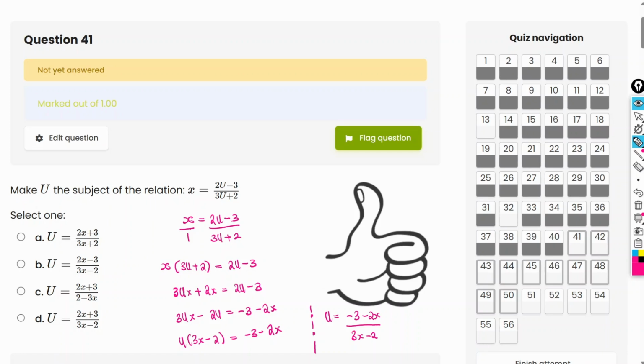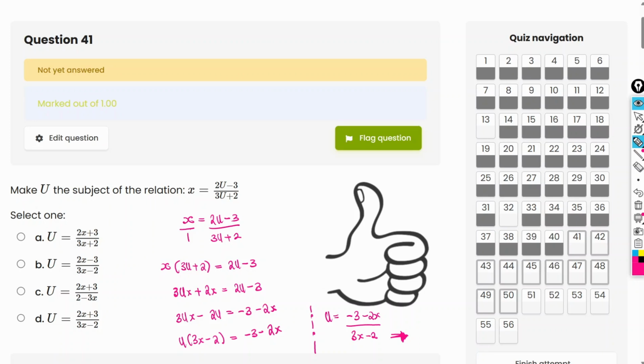All right, do I have that in the options? No. So what I'll then do is multiply both top and bottom by -1. Again, it's just about trying to rewrite your solution, and there's nothing wrong with that. It's just that it was expressed differently. If I had collected like terms differently, I would have gotten the different option.